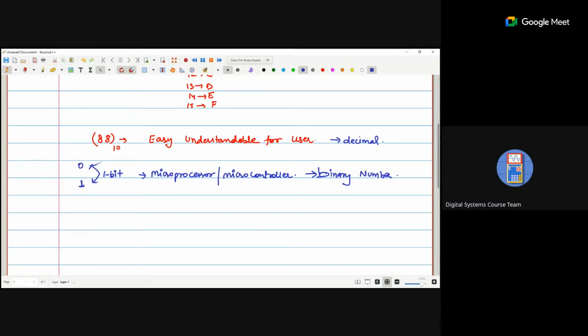But the problem with the 1 bit is that only two levels are defined, either 0 or 1.